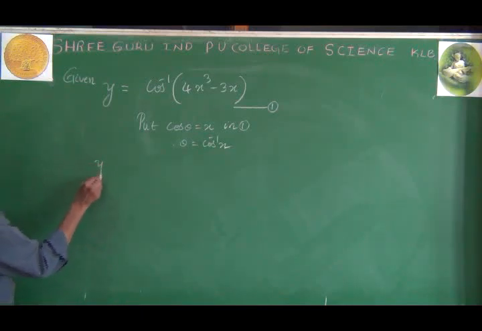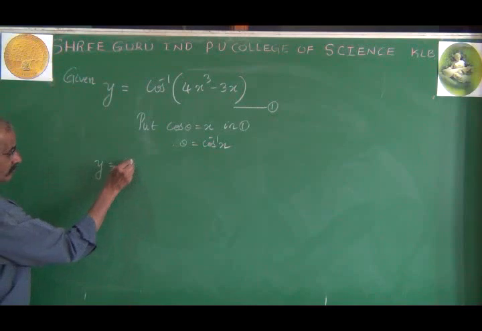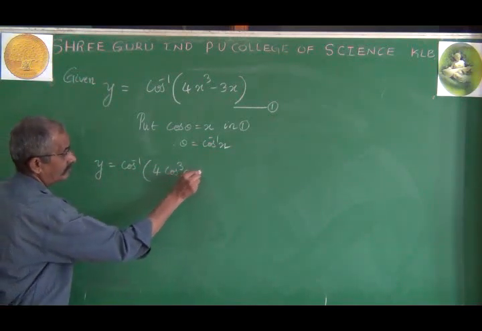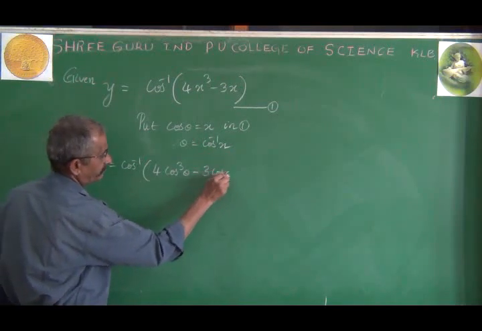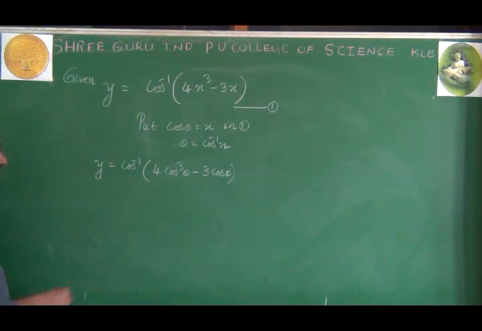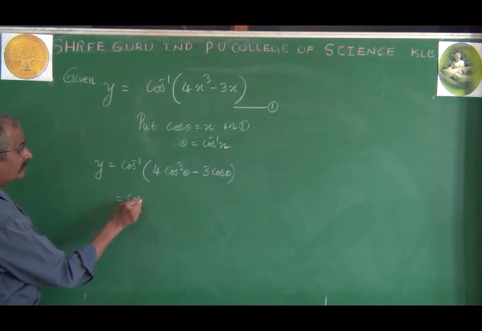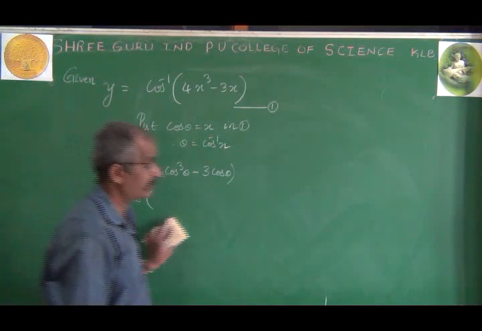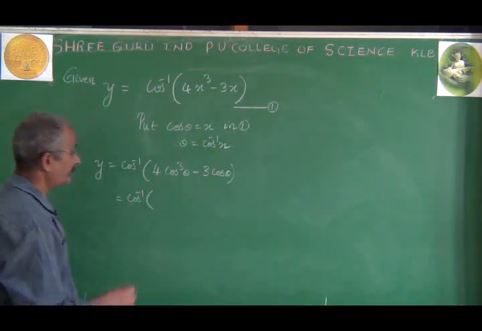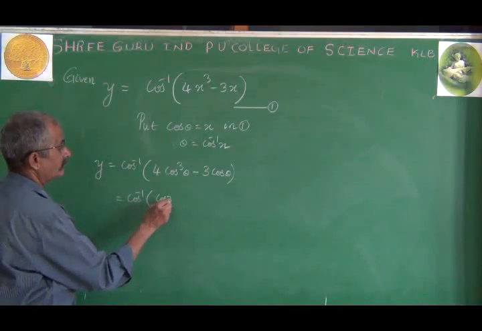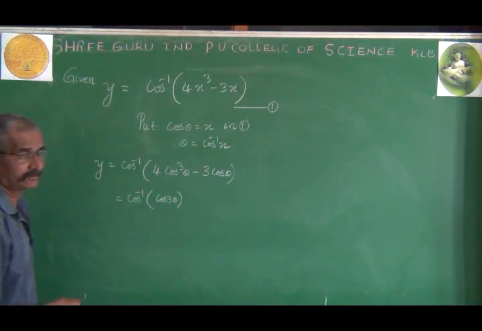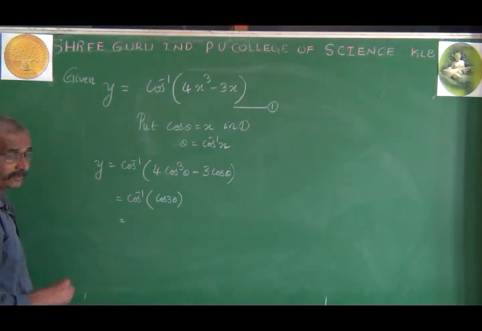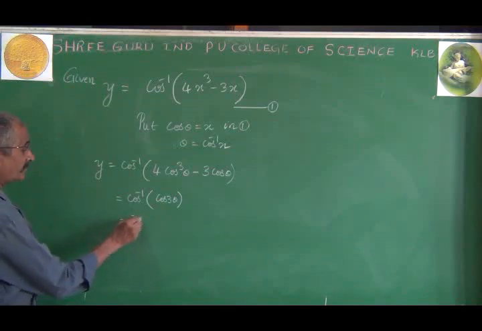So now y becomes cos inverse of 4 cos cube theta minus 3 cos theta. It is just like 4 cos cube a minus 3 cos a, so it is equal to cos 3 theta. So cos inverse of cos 3 theta is just 3 theta.